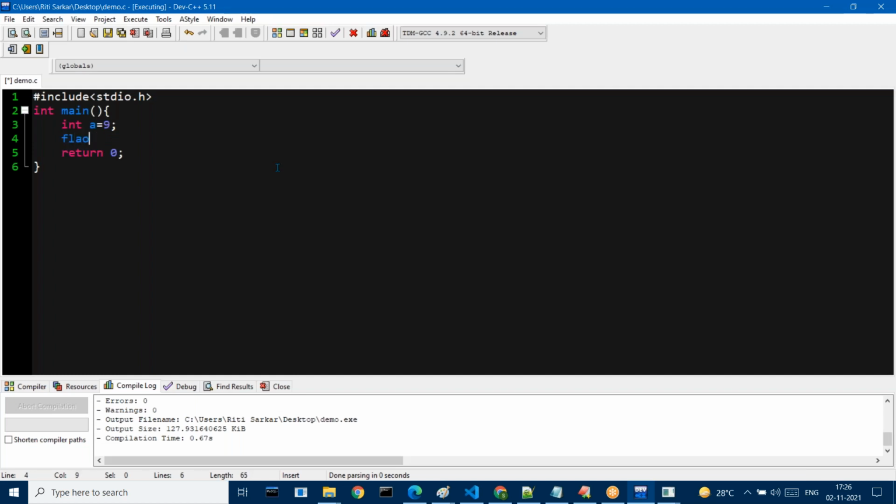Float x. x is equal to a by 2. x is equal to a by 2. Printf. I'm writing here percentile f, and here I'm writing x. Tell me, guys, what is the output here?